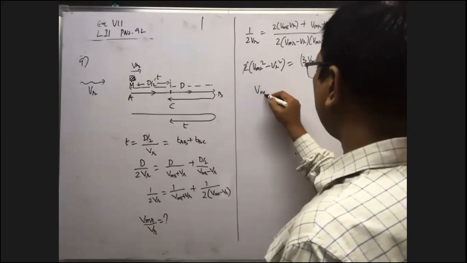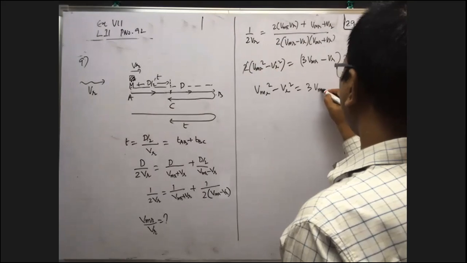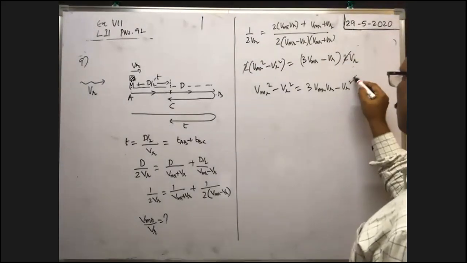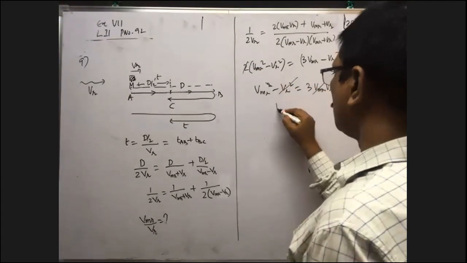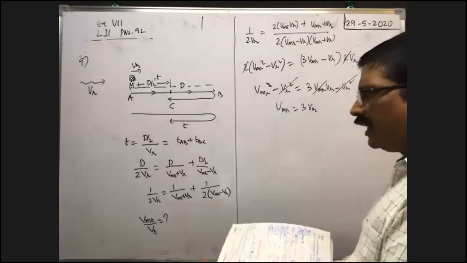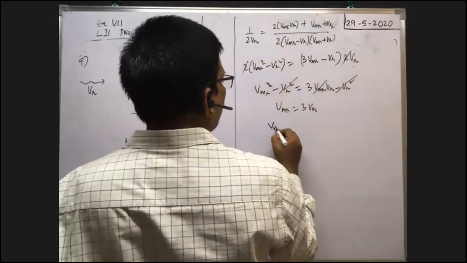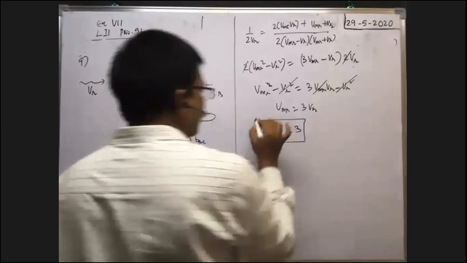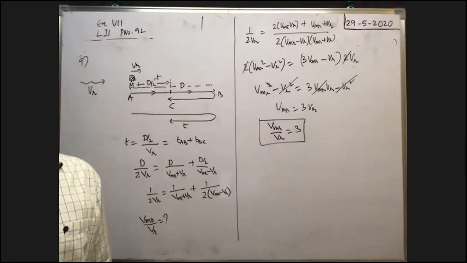Therefore VMR square minus VR square is equal to 3 VMR VR minus VR square. Here minus VR square cancels, and VMR square cancels. So VMR is equal to 3 into VR, no? Therefore VMR by VR is equal to 3. So this is the ratio between the velocity of the man with respect to the river to the velocity of the river.